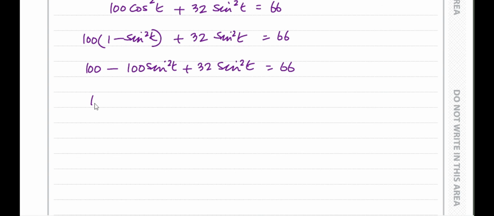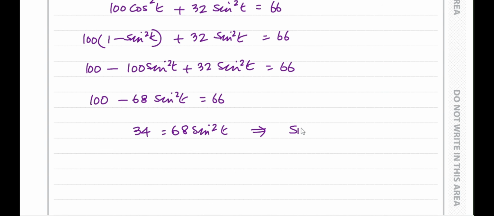Simplifying this, we get 100 minus 68 sin squared t equals 66. Therefore, 34 equals 68 sin squared t, leading to sin squared t equals 34 over 68, or 1 over 2.